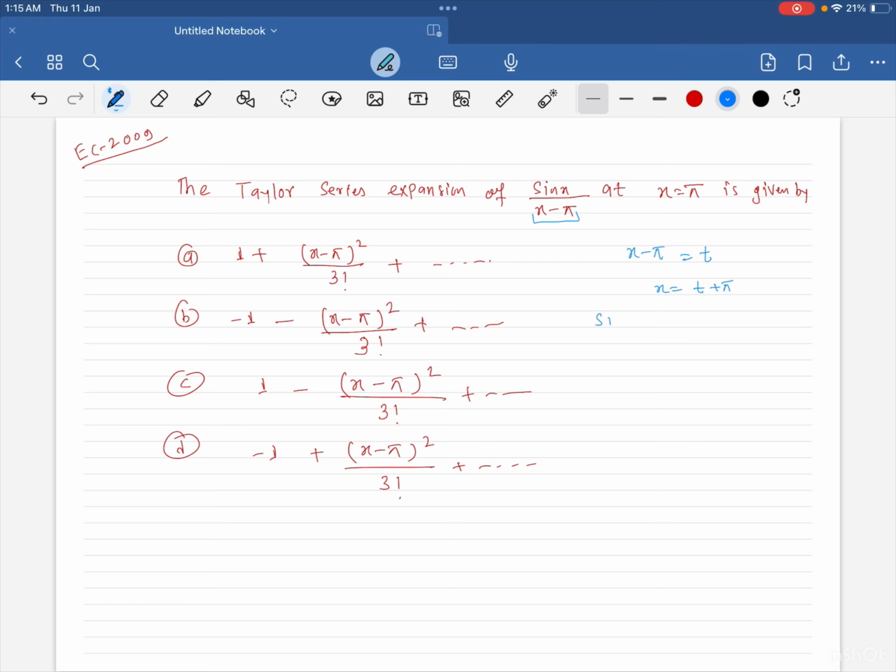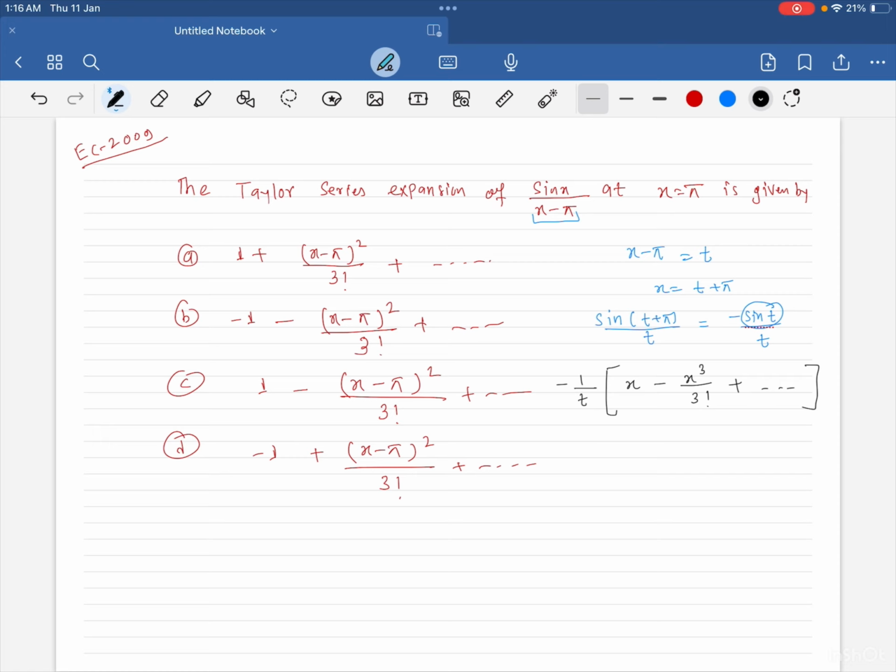Now put in the expression, so that will be sin of t plus pi divided by t, right? So that will be minus sin t divided by t, right? Now we can write the expansion of this sin t, right? So maybe we can take this 1 by t outside, and the expansion of sin t is t minus t cube divided by 3 factorial and plus so on.